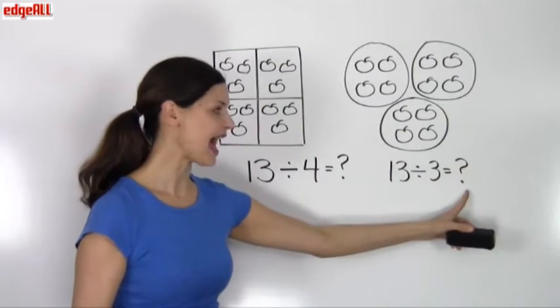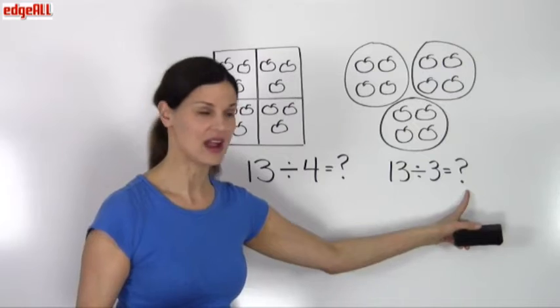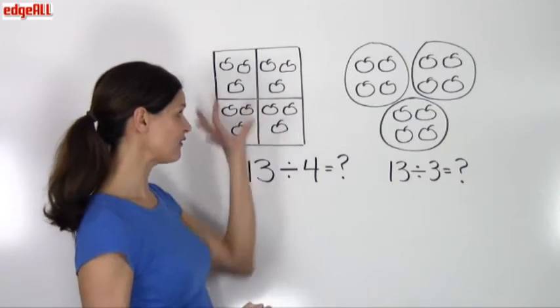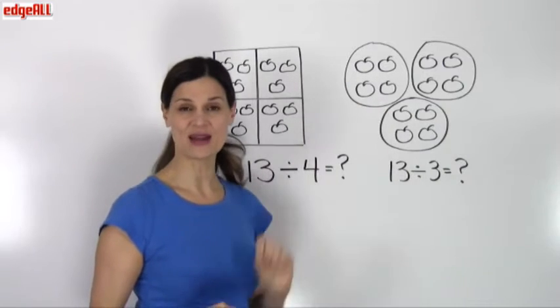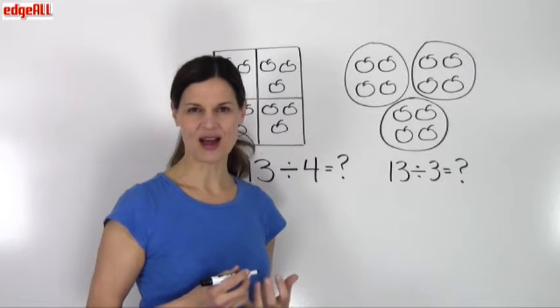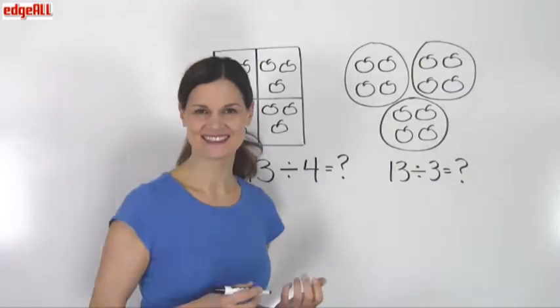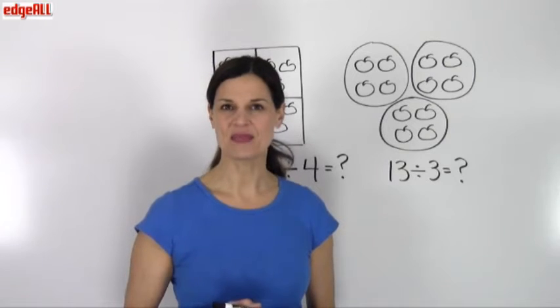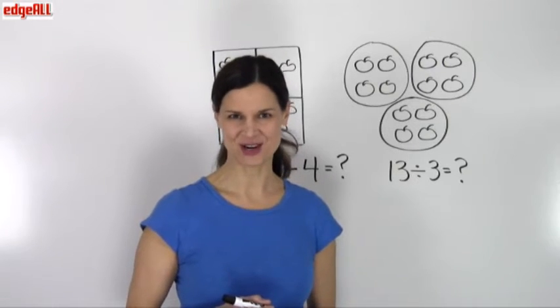We don't have a whole number that we can put for the answer of 13 divided by 4 or 13 divided by 3. So what do we do? How do we solve a problem such as this? To solve a problem like this, we use something called a remainder.